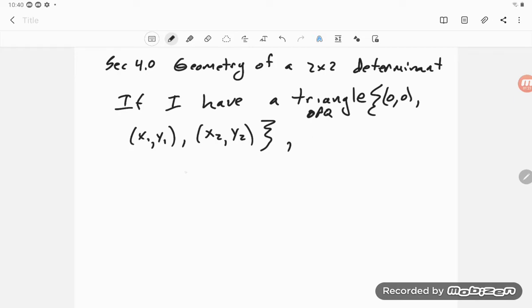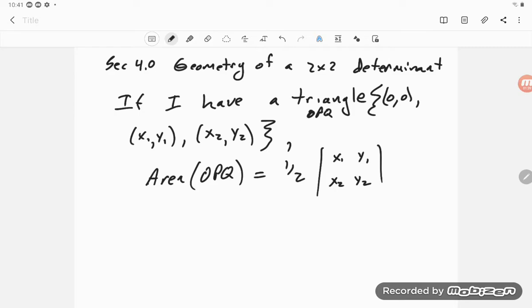Then the area of OPQ is given by 1/2 the determinant of x1, y1, x2, y2.